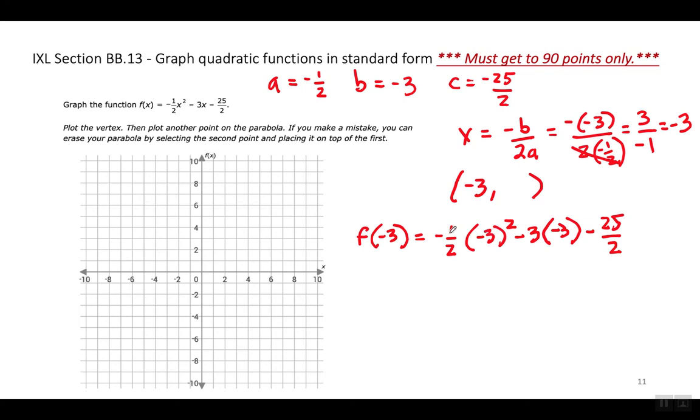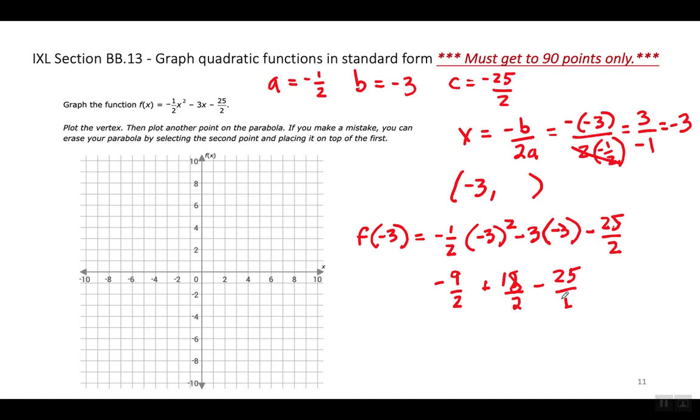Positive 9 times negative 1/2 is going to be negative 9/2. Here, negative 3 times negative 3 is positive 9. However, I want it to be a fraction with a 2 on the bottom. So what number divided by 2 equals positive 9? 18 divided by 2 equals positive 9.